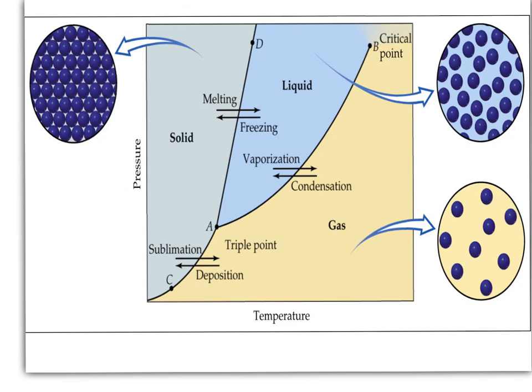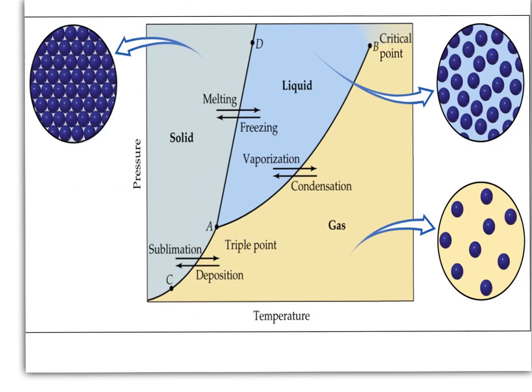On the last slide, I did mention that if you are to find a point on the line, that will be the pressure and the temperature of the phase change. This line right here is between the solid and the liquid. So anywhere on that line, we could record the temperature of the melting point or freezing point.